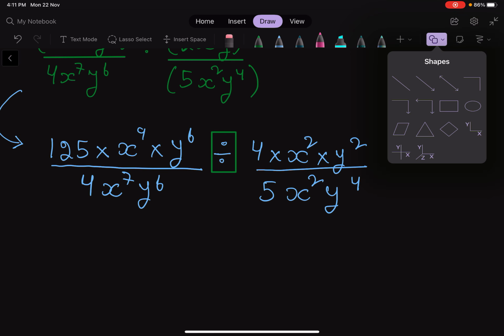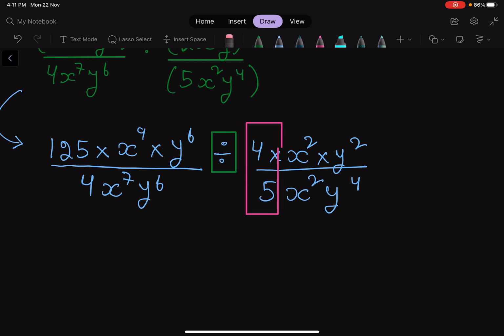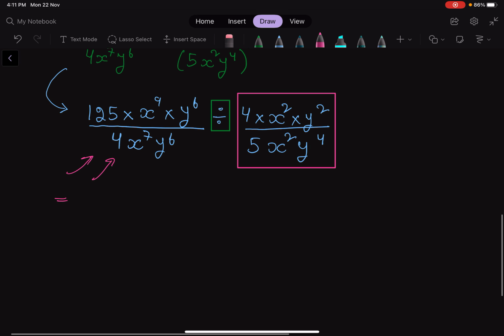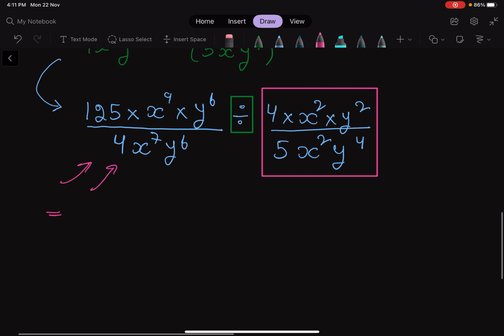We take reciprocal of this term here, by which the other term is getting divided. So this term right here remains the same. Let's first cancel. So x power 7 cancels this, 9 minus 7 is 2, and y power 6 cancels this y power 6, so it's 125 upon 4 into x squared.